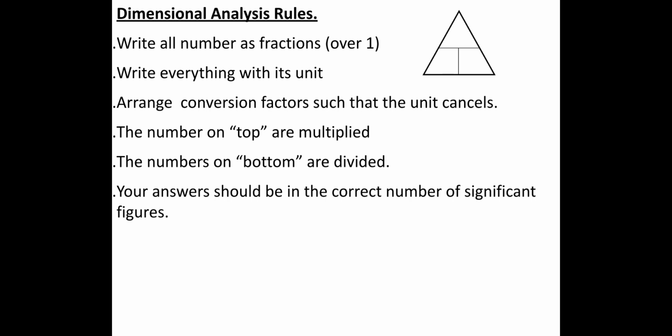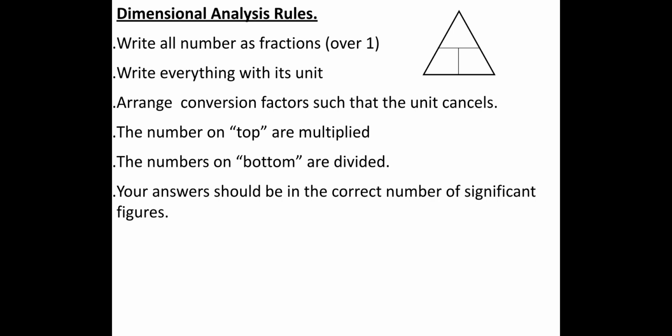Now, when you want to do conversions, there are rules that we need to follow. The first one is to write all numbers as fractions. Write everything with its unit. Very, very important. Write everything with its unit. I cannot afford to stress this enough.